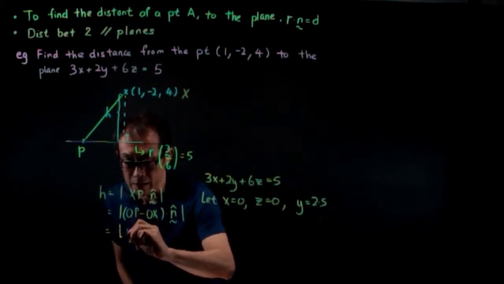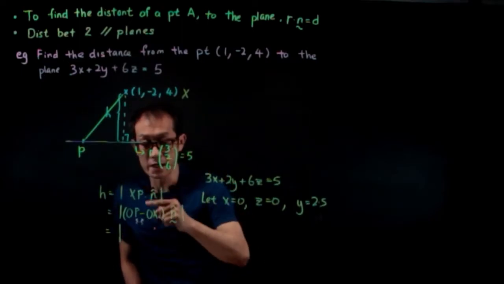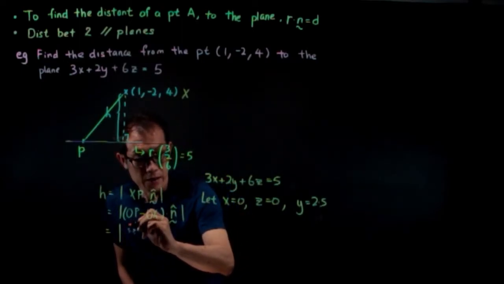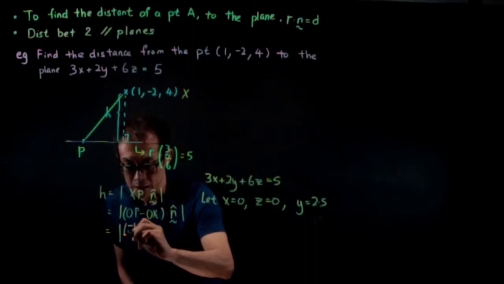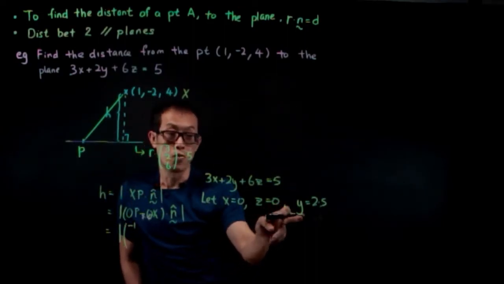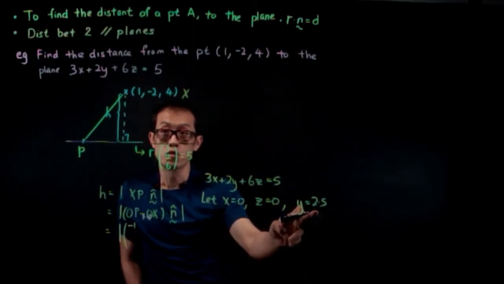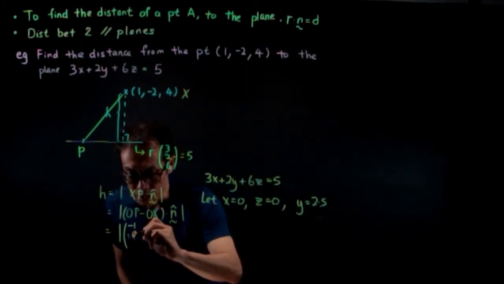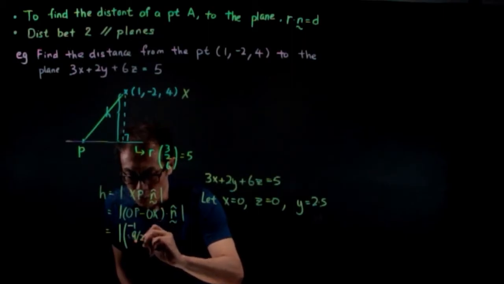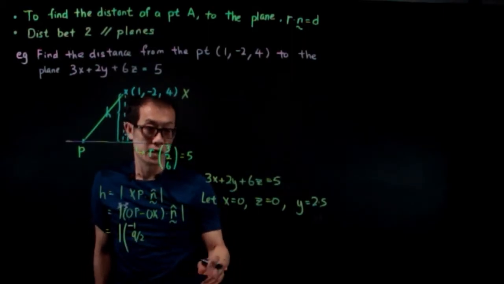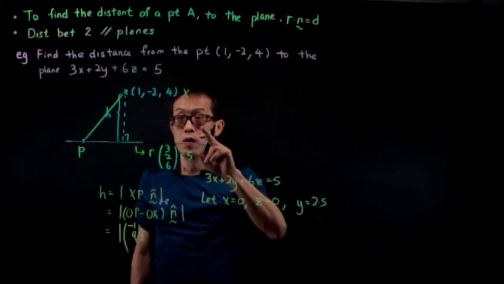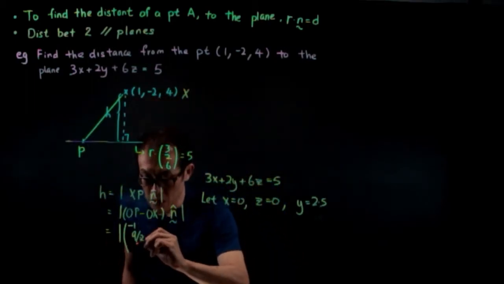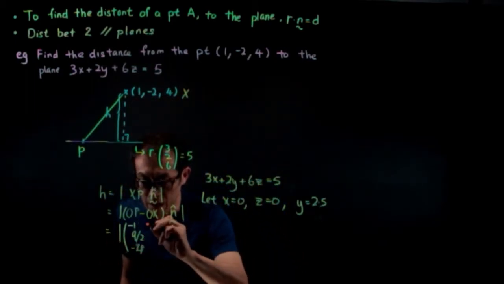What will you get? 0 minus 1, you get minus 1. Then y is 2.5; 2.5 minus 2, you get 0.5, which is 1 over 2. Then you have 0 minus 4, you have minus 4 over here.